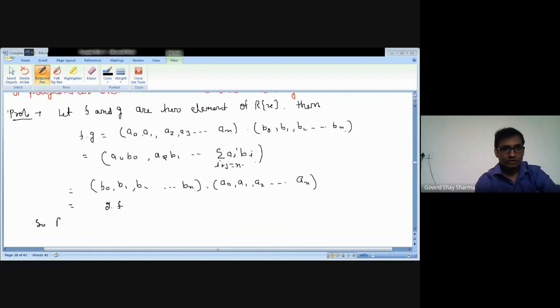So R[x] is commutative. So R[x] is also commutative.